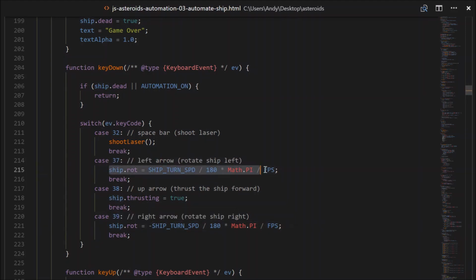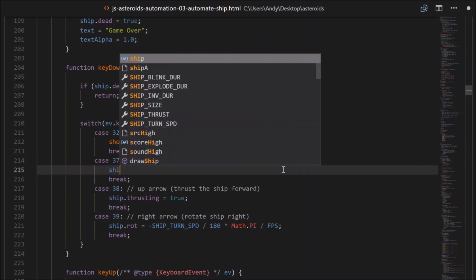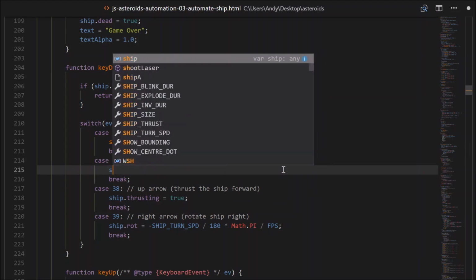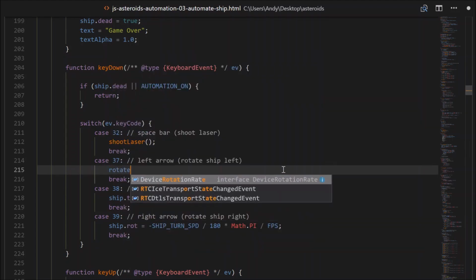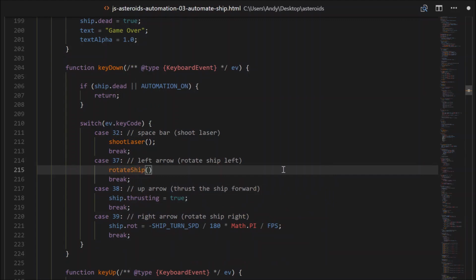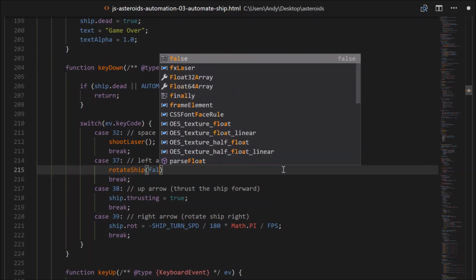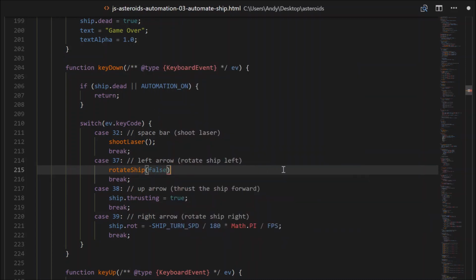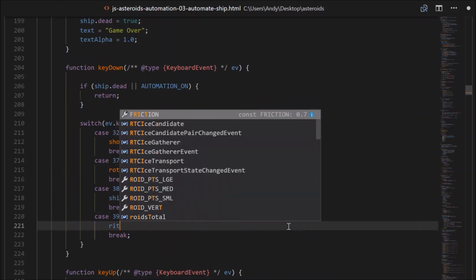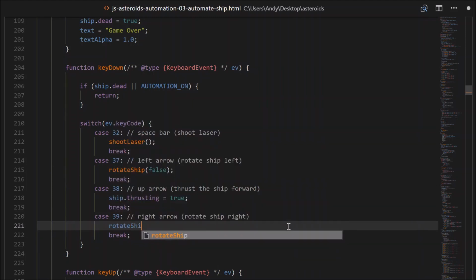So let's pull those out and create a function for that. What will we call it? Rotate ship. It'll just pass a boolean. We'll say that false equals left, and here we'll rotate ship true, so it'll be right.